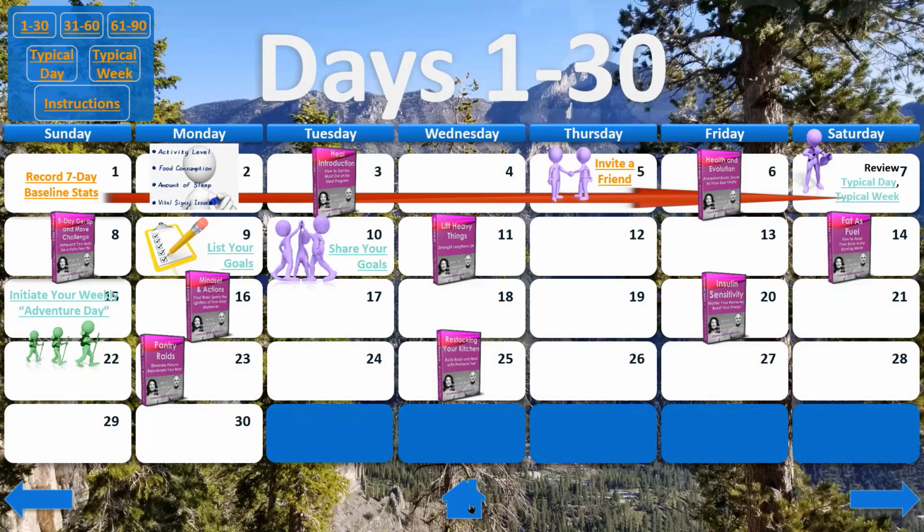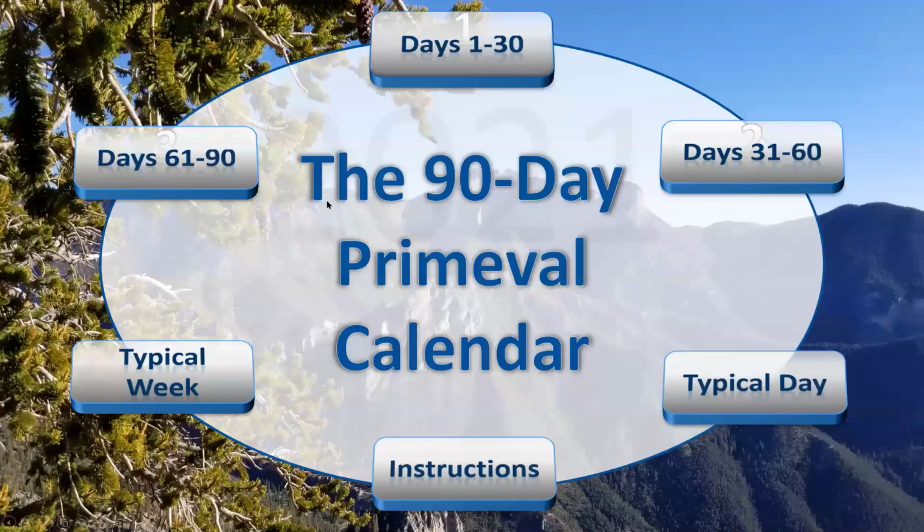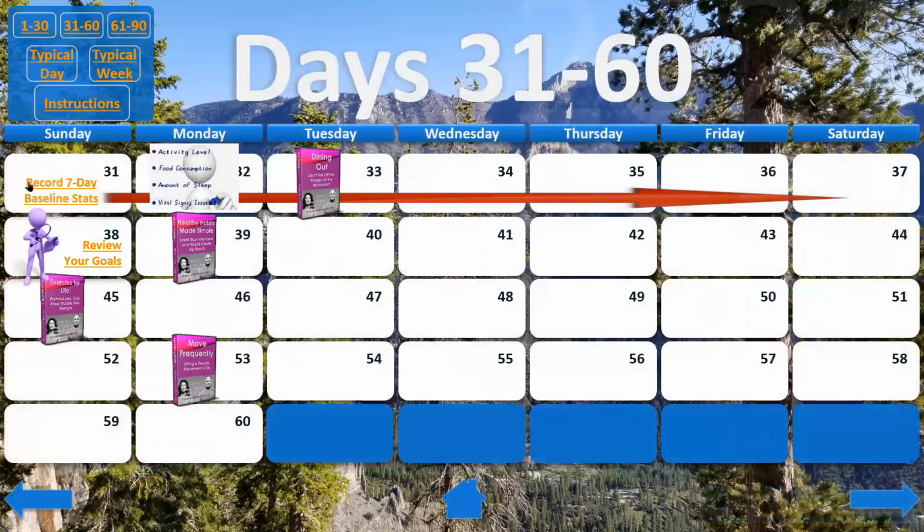And let's go back to the home and days 31 to 60. And once again, the first week of every 30 days, really, is to check your baseline stats. Then you want to review your goals, and you can see more of the lessons are spaced out for you.